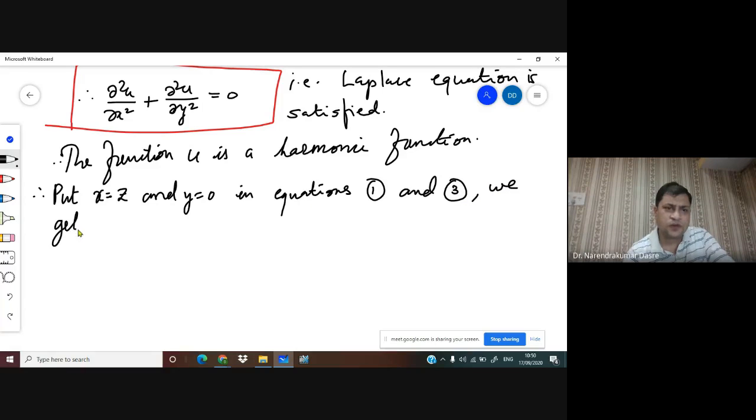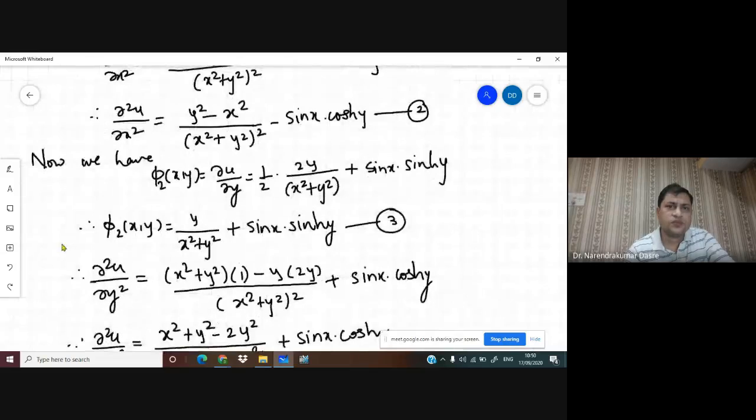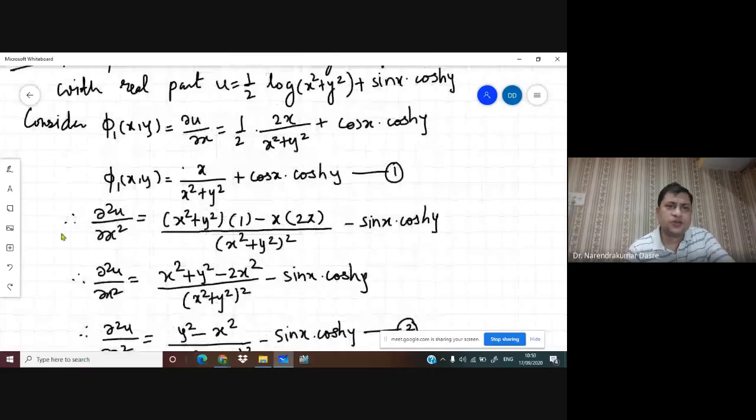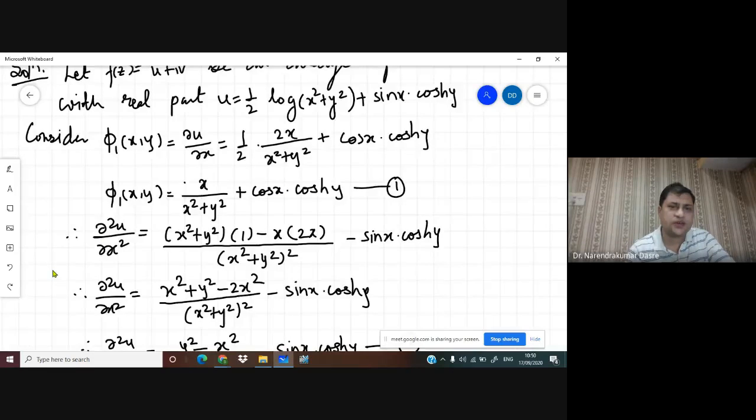So we get φ₁(z, 0) equal to, here I'll have z upon z² and this will be cos of z.